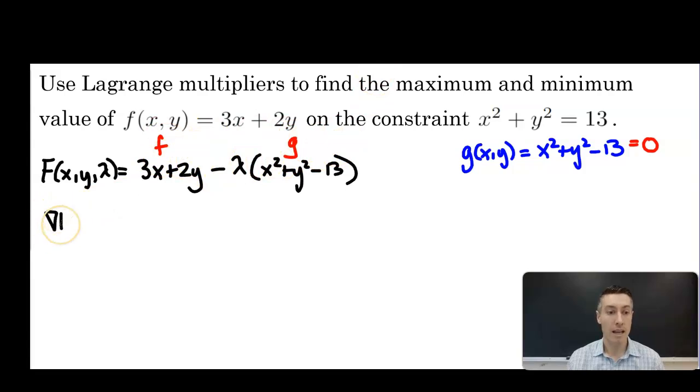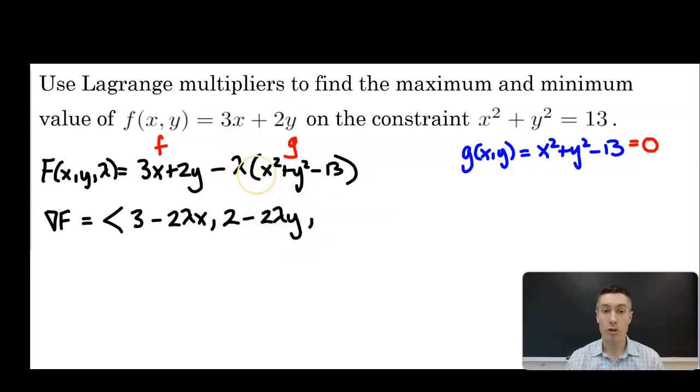We take the gradient of the Lagrangian, so the partial with respect to x is 3 minus 2 lambda x, the partial with respect to y is 2 minus 2 lambda y, and then the partial with respect to lambda is negative (x squared plus y squared minus 13).